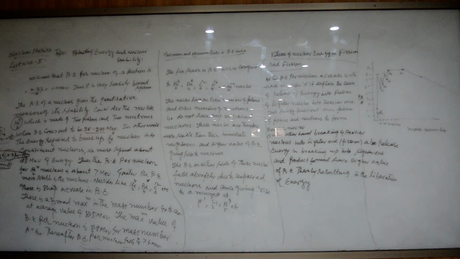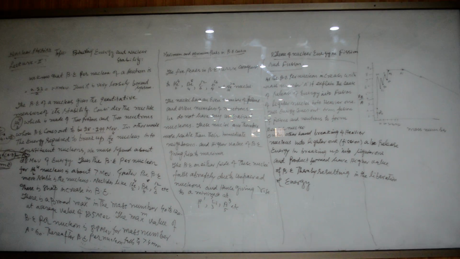This is a huge energy, 28.299 MeV. In other words, to break up the He24 nucleus into its constituent nucleons, we must spend about 28 MeV of energy.